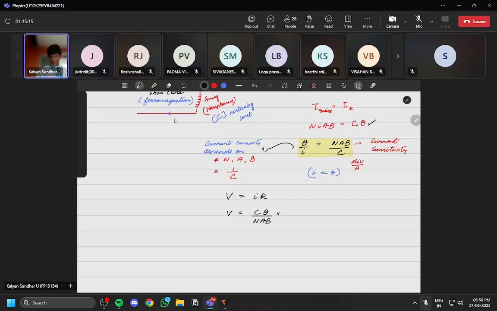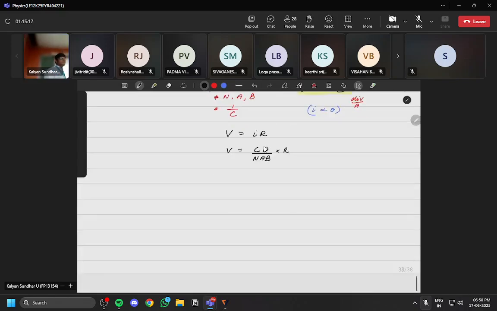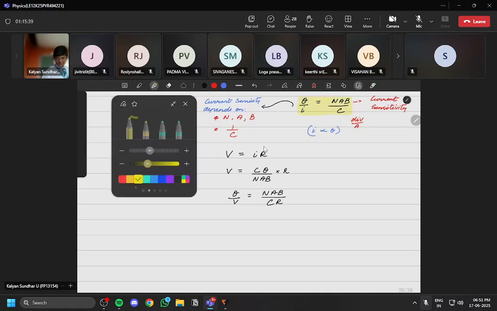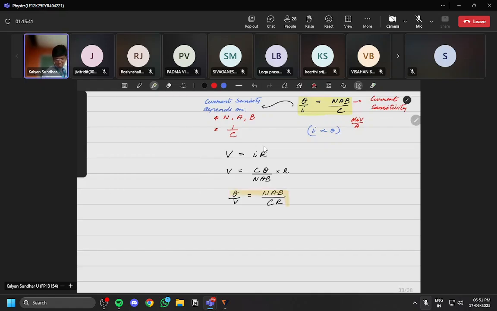Which will be into R. Right? Now, what do you mean by voltage sensitivity? Deflection per unit ampere is for current sensitivity. Similarly here, it is theta divided by volt. So the potential: theta by V will be equal to NAB divided by CR. This is your voltage sensitivity.